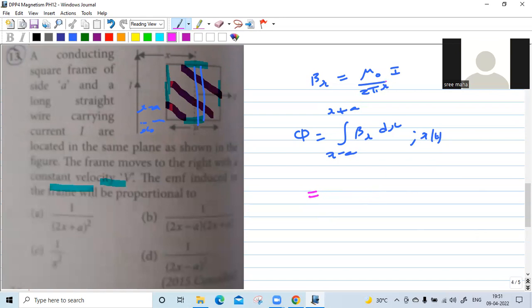So it's 1 by x, right? Because there is a ln x. So that is x plus a by 2, upper value.